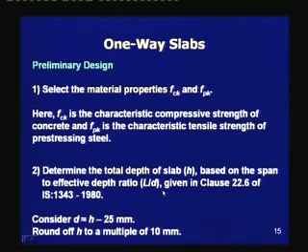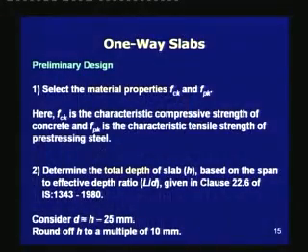The span to effective depth ratio will be denoted as L by D, and this ratio is limited to avoid deflection computations. If we fix our total depth satisfying this span to depth ratio, then we do not have to check the deflections of the slab if the load is conventional.